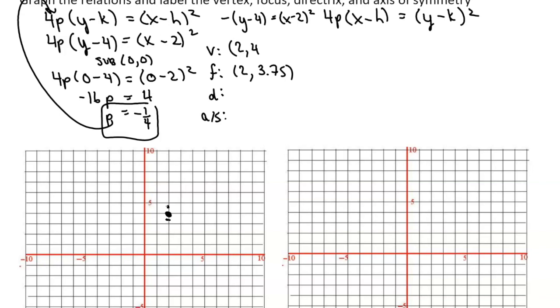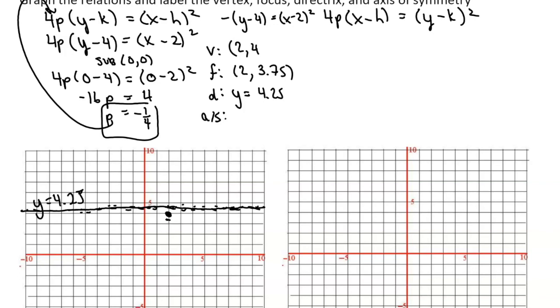And your directrix is just going to be the line y equals 4 plus a quarter, or 4 subtract negative a quarter, so 4.25. And this is probably going to be a pretty rough sketch. But right there at y equals 4.25, that right there is our directrix.